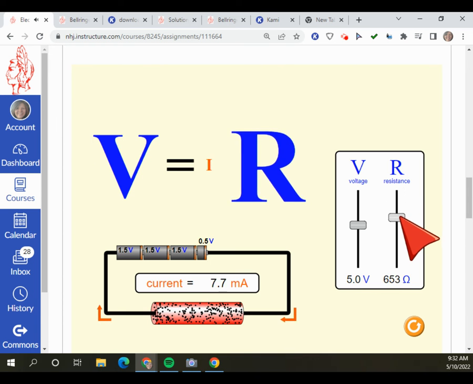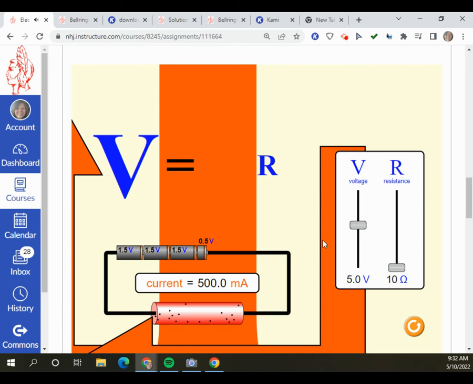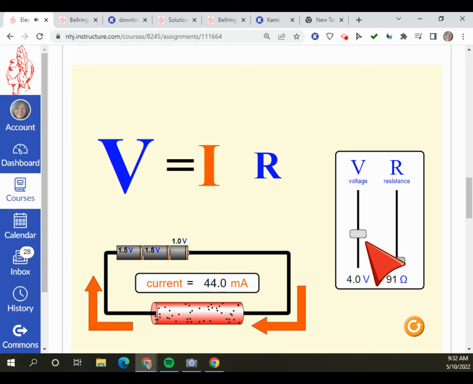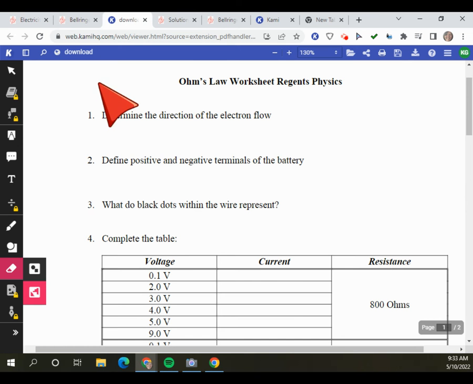So when we change resistance, the size of the current, right here, the orange I, changes. When we change voltage, the size of the I changes. And so that is dependent on these other two things. And we might notice we have current here. We have these little batteries. Okay, we'll get into all those things with the questions. Let's go ahead and look at the questions to get started.